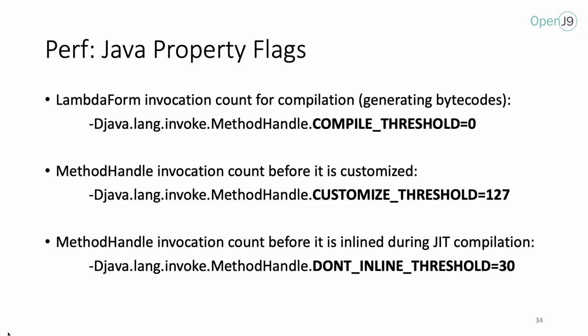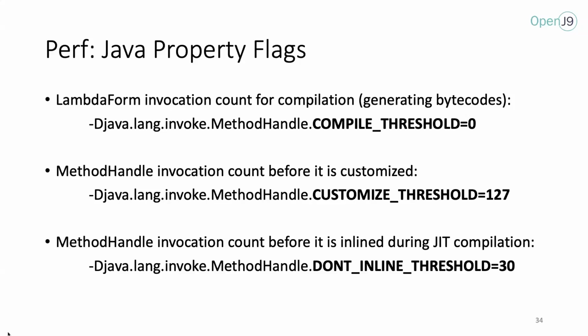So this Java property will allow us to customize a Lambda form based upon how many times the method handle gets invoked. And so we can control it via varying the threshold. At this point, the threshold is set to 127. So which means after 127 invocations of this method handle, we will customize it and create a custom Lambda form for it.